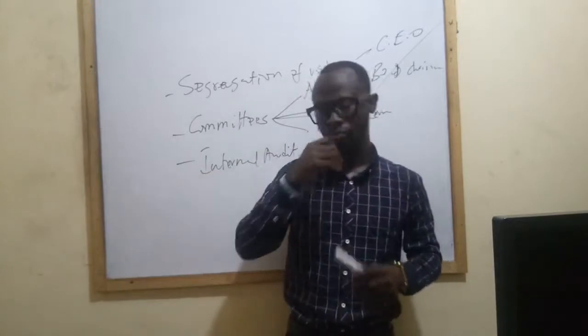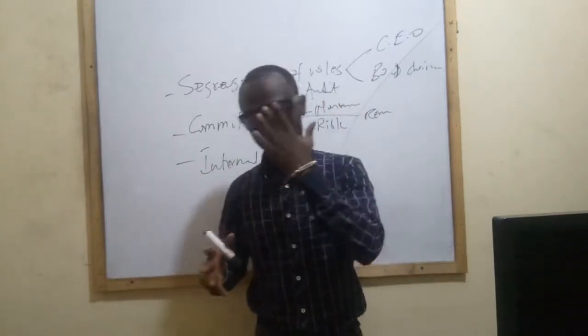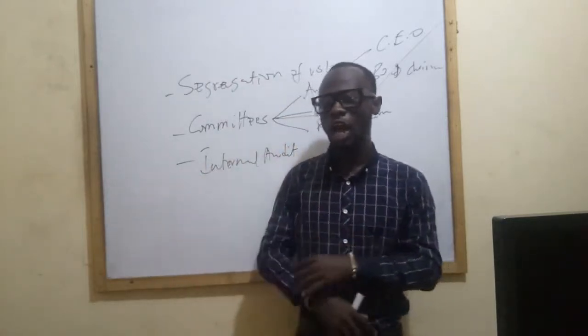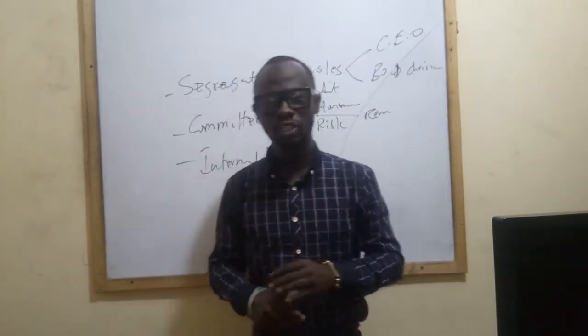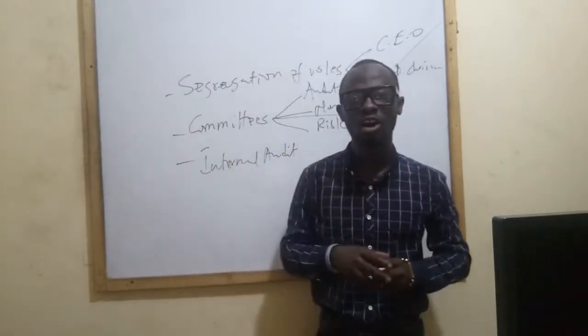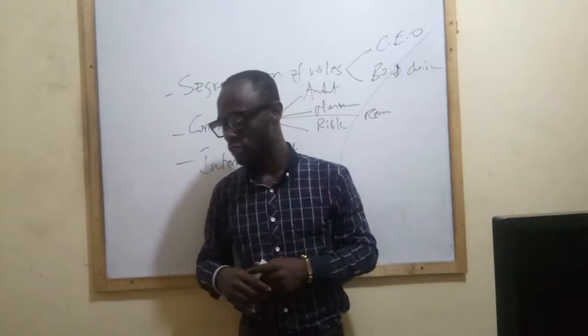Now let's look at the relationship between the audit committee and the internal audit function, because we said that one of the roles of the audit committee is to review and monitor the work of the internal audit department within the organization.